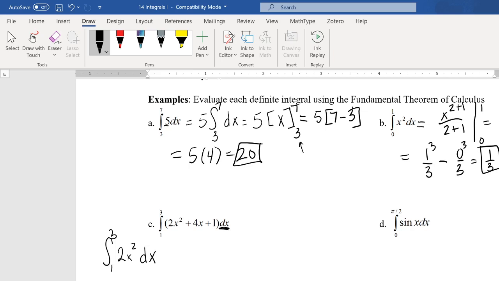And notice that this thing had parentheses around it, which lets you know that the dx is distributed. Now each one of those functions, I can pull out the constant multiplier in front.